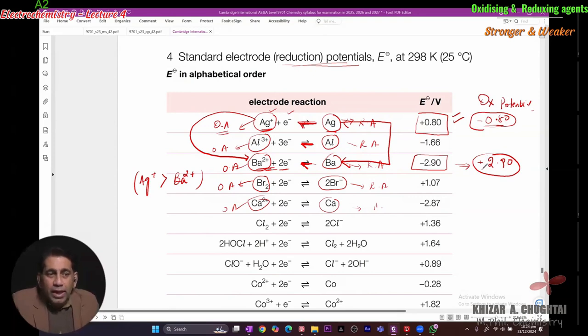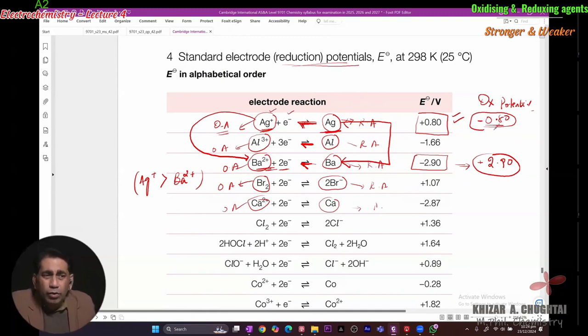Barium can lose electrons with more power, with a +2.9 volt power. But silver cannot lose electrons by itself. It has a negative potential to lose electrons. So anybody that wants to gain electrons from the silver will have to snatch the electrons from it.